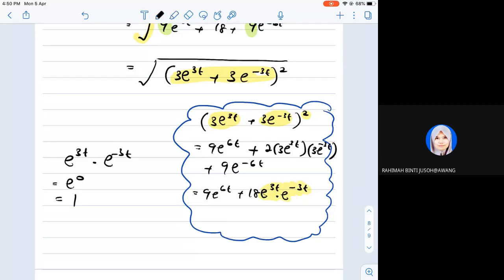Okay. So tambah 9 eksponen negatif 6T. So bila you selesaikan, you dapat balik yang atas tu.